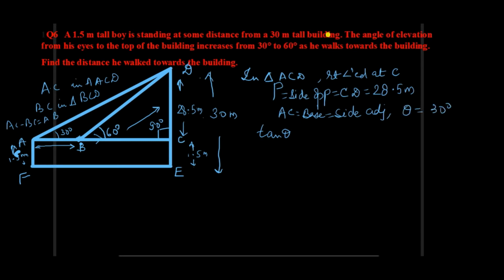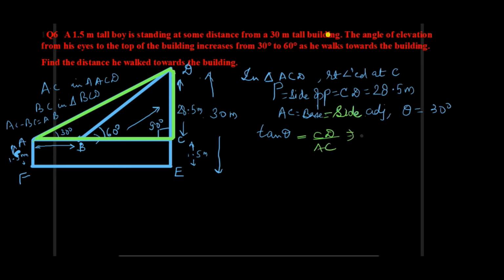So let me show you the triangle which I am considering right now is ACD. You should know which triangle I am talking of. So in this triangle theta is 30 degrees, so tan theta will be equal to CD upon AC.